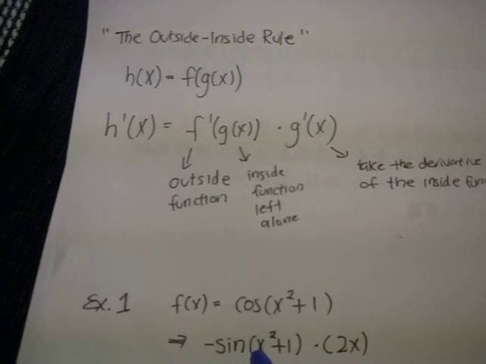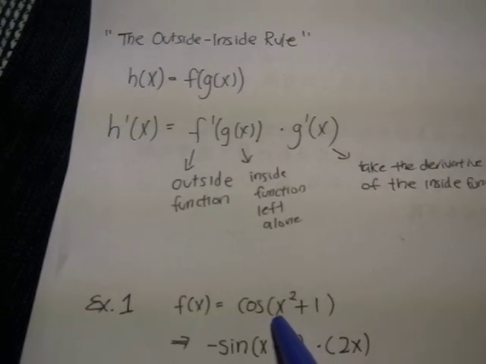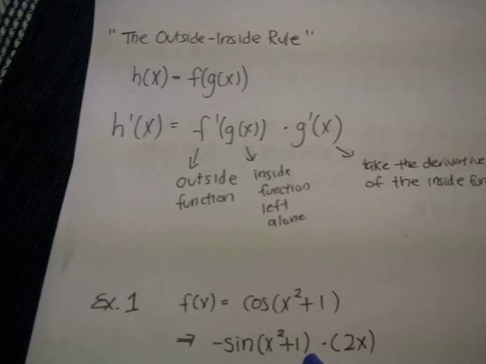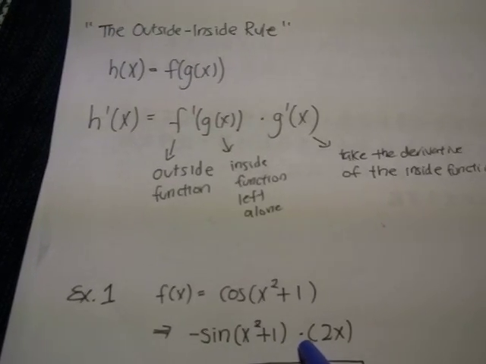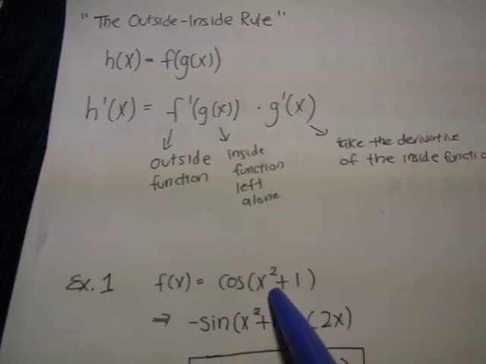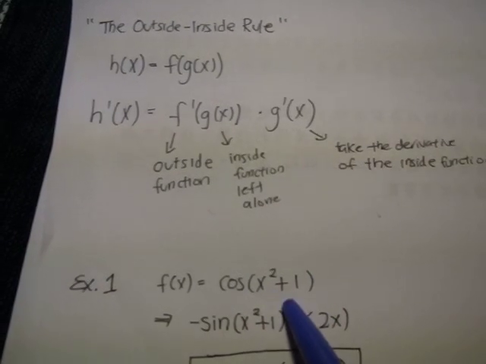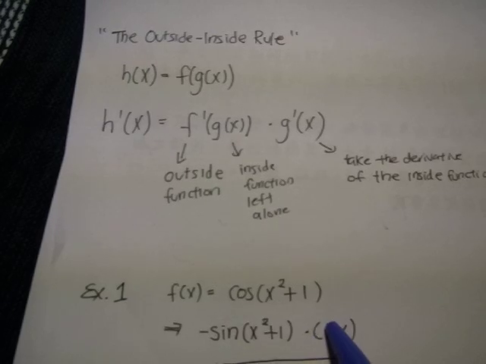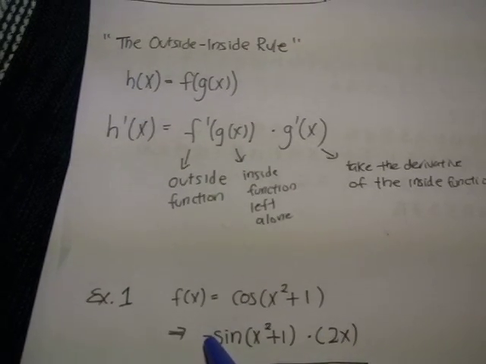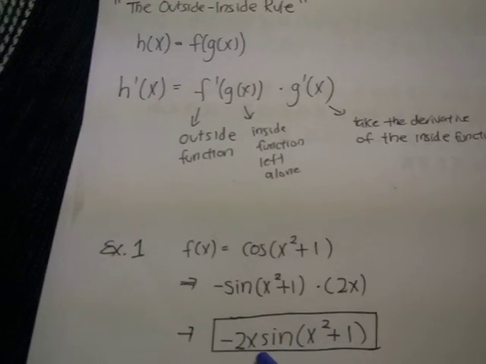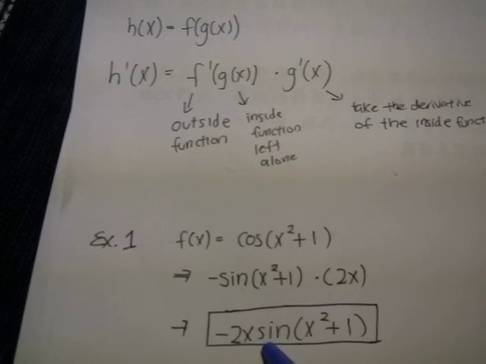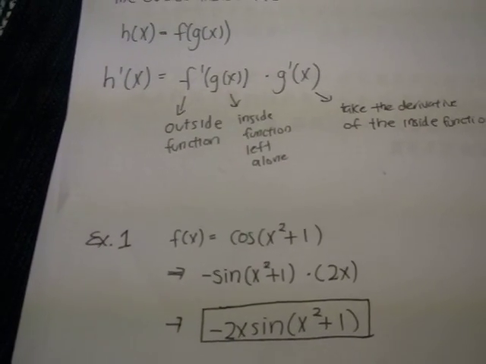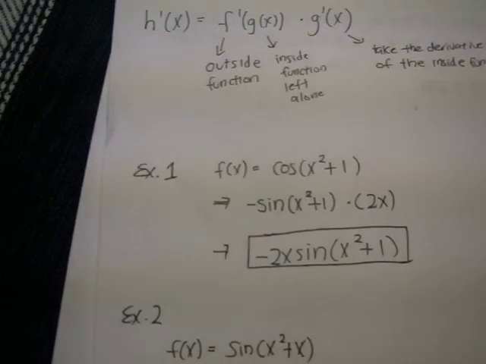So negative sine of the inner function, which is left alone, negative sine of x squared plus 1, times the derivative of the inside function here, which is 2x. Simplifying this, you multiply this 2x by negative sine, so that will give us negative 2x sine of x squared plus 1.